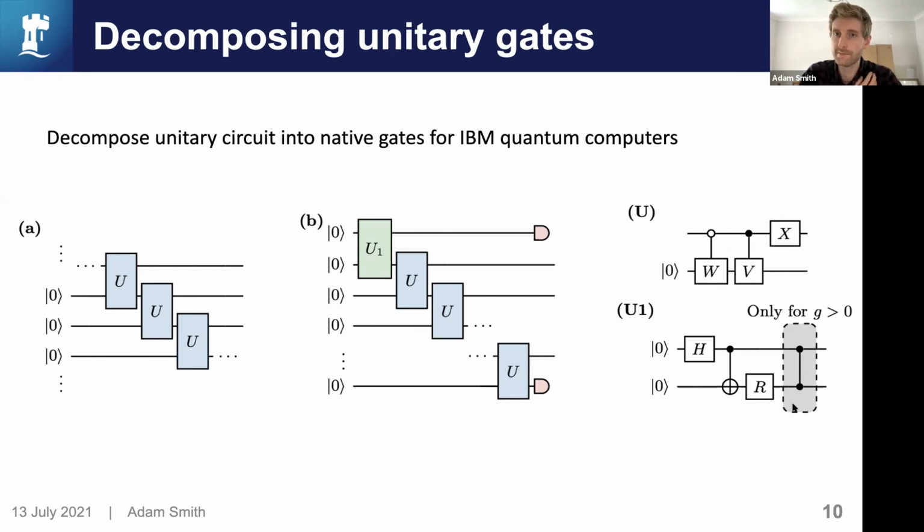Is that clearer? Yeah, can you just remind us what W, V, and X mean, and H and R? I don't have this anywhere here. You'd have to look in our paper. It's more complicated than necessary to include here. X is just a Pauli X, H is a Hadamard, R is some rotation, which I've not included here because it has an angle that you have to parameterize.